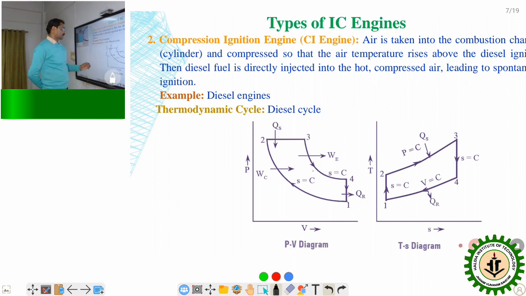But the difference is that 2 to 3, the ignition and heat addition process, happens at constant pressure, whereas in the petrol or spark ignition engine it was at constant volume. Then 3 to 4 is isentropic expansion or power stroke, and 4 to 1 is constant volume exhaust of the burned gases from the cylinder to the atmosphere. This is also represented in the TS diagram.